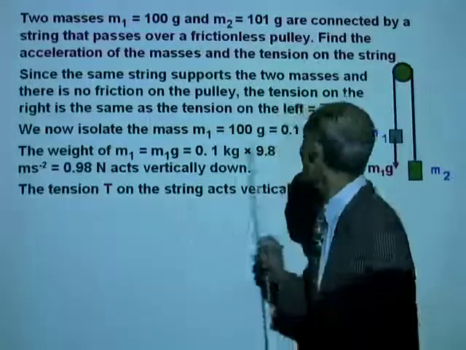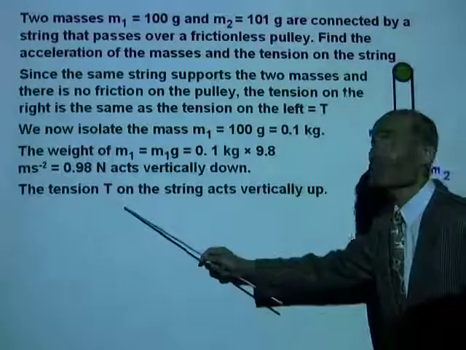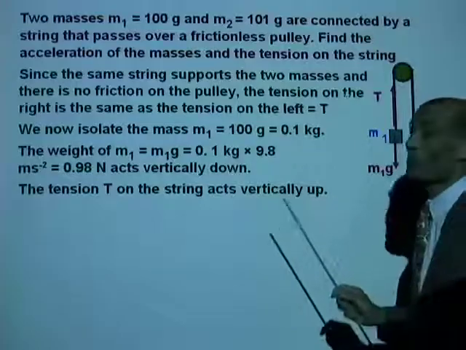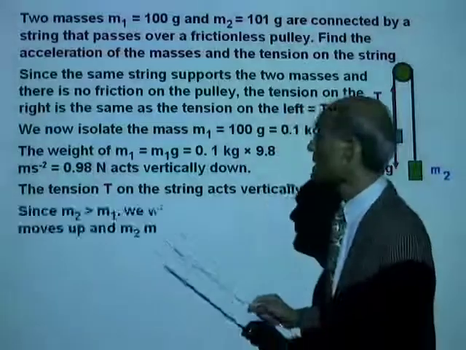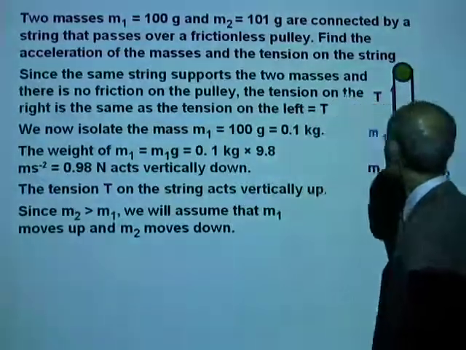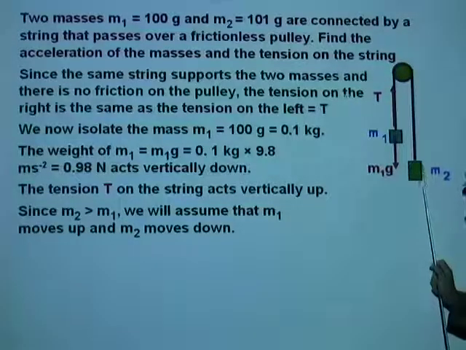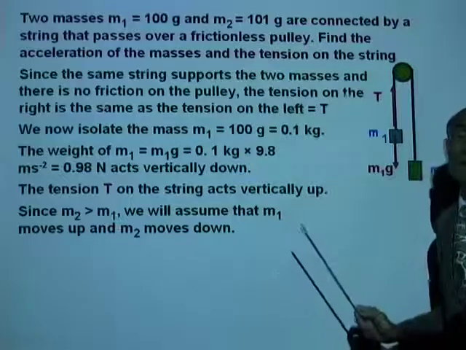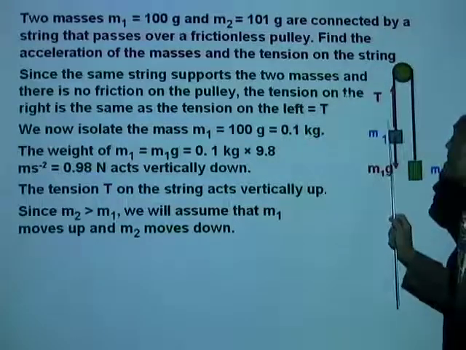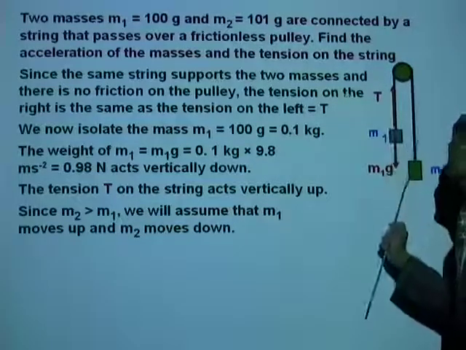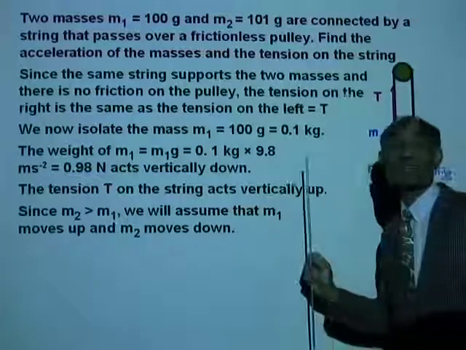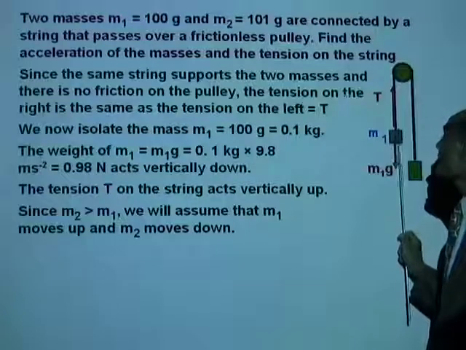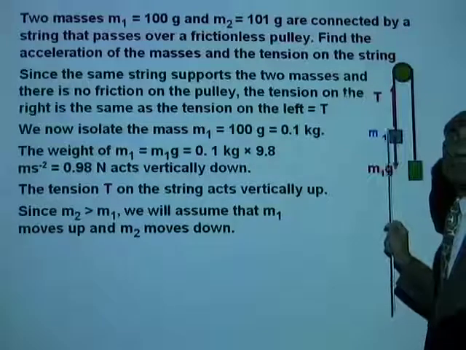What other force is on M1? The tension T on the string is acting vertically up. Since M2 is greater than M1, I have made M2 greater because M2 is 101 gram, that means M1 is likely to move up and M2 is likely to move down. Therefore, can you tell me what is the net force on M1?